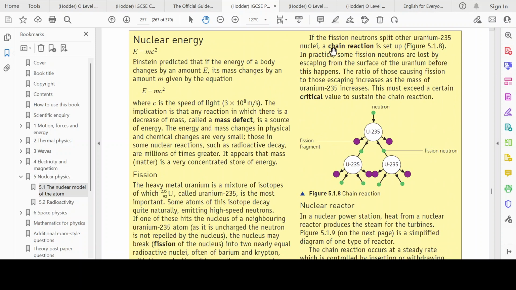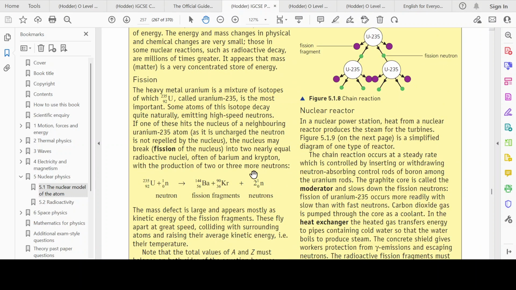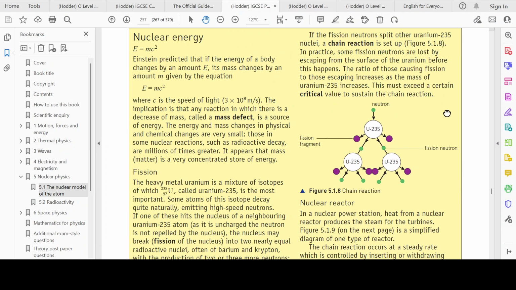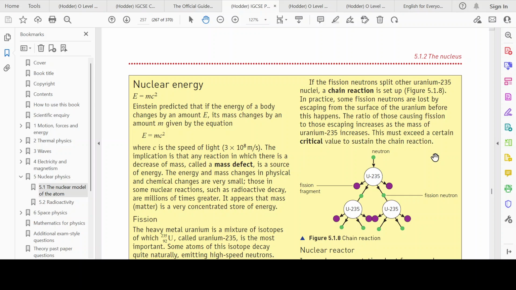What happens is if the fission neutrons split other uranium 235 nuclei, so these guys over here, they go ahead and split other uranium 235 nuclei, a chain reaction is set up. What does that mean? Those neutrons break other uranium atoms, those release neutrons, they break other uranium atoms, and so it's only expanding, as you can see.